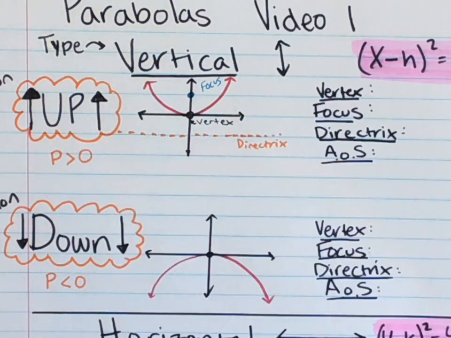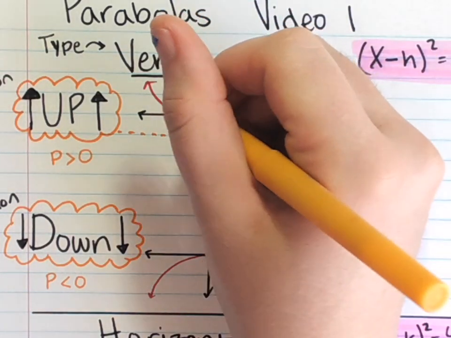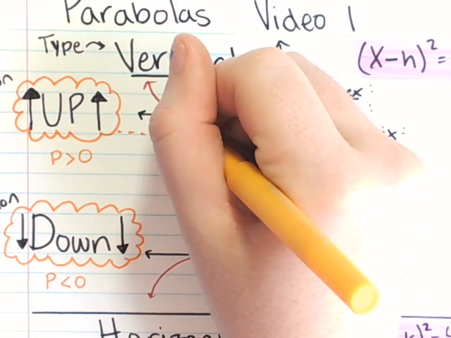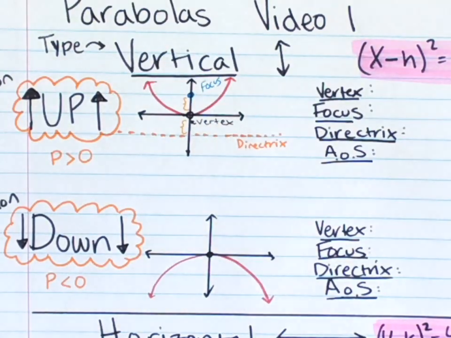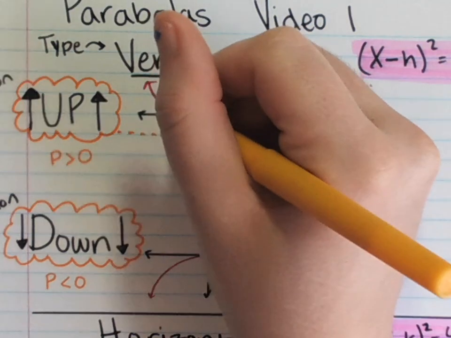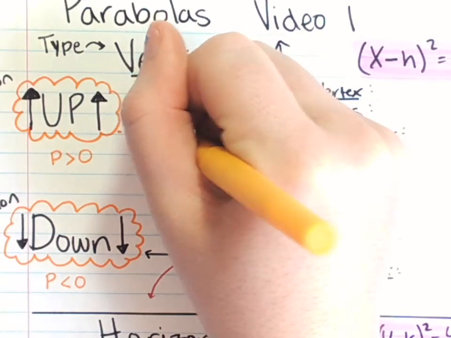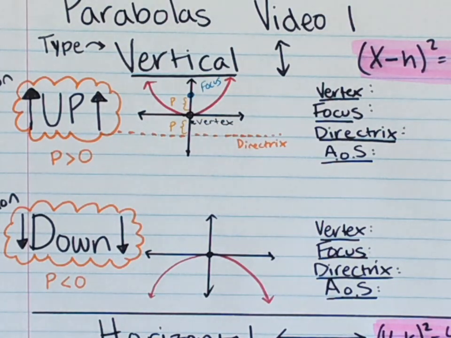Both the focus and the directrix are the same distance away from the vertex, and that distance is going to be called P. The absolute value of P is the distance between the vertex and the directrix, and the vertex and the focus.